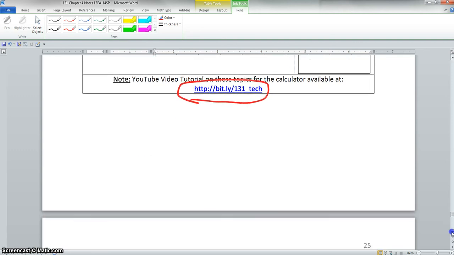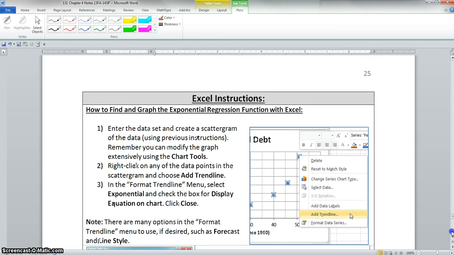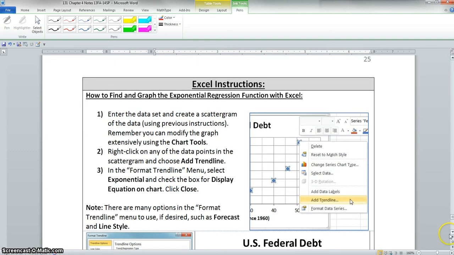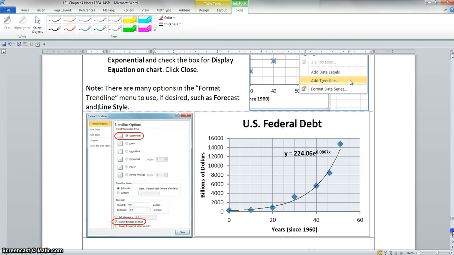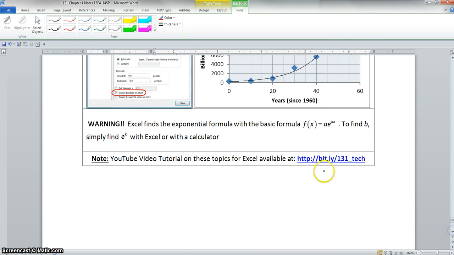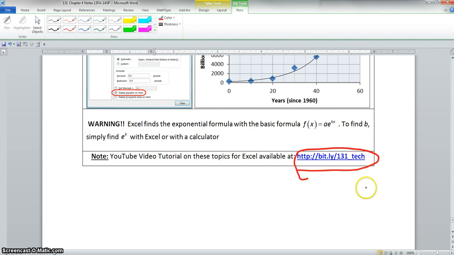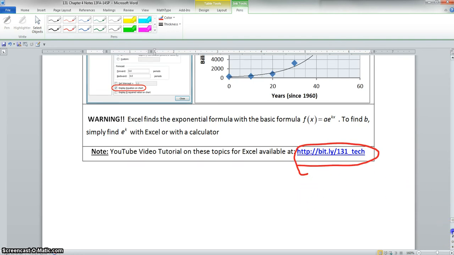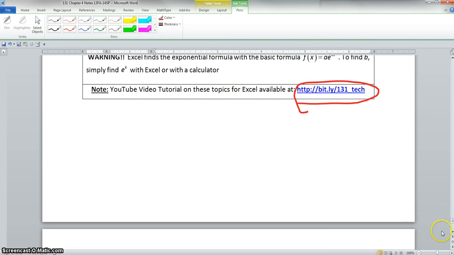Also, on the next page, it deals with the Excel instructions, which basically is the same thing. You will follow these instructions, and you will be able to do this graph on Excel. Now here's the website to learn how to do it on Excel. Now, if you have an older version of Excel, you will have to change a couple things in order for it to meet the specifications of what you would see from this explanation of Excel.